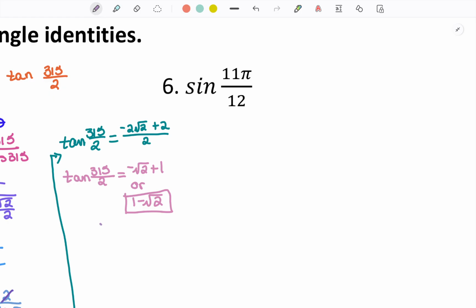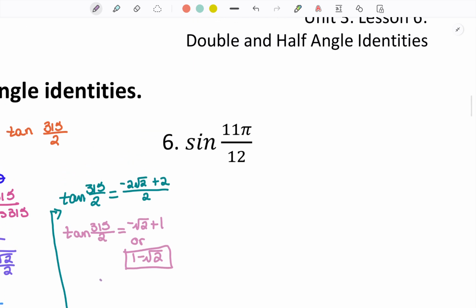And what we're going to do for this is, first of all, look at what quadrant we are in, because I only have a radical that I can use for this identity: sine of theta over 2 equals plus or minus the square root of 1 minus cosine theta over 2.